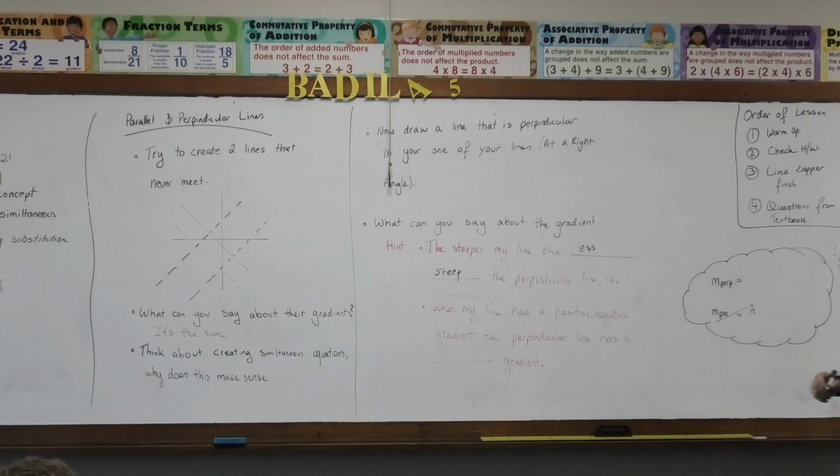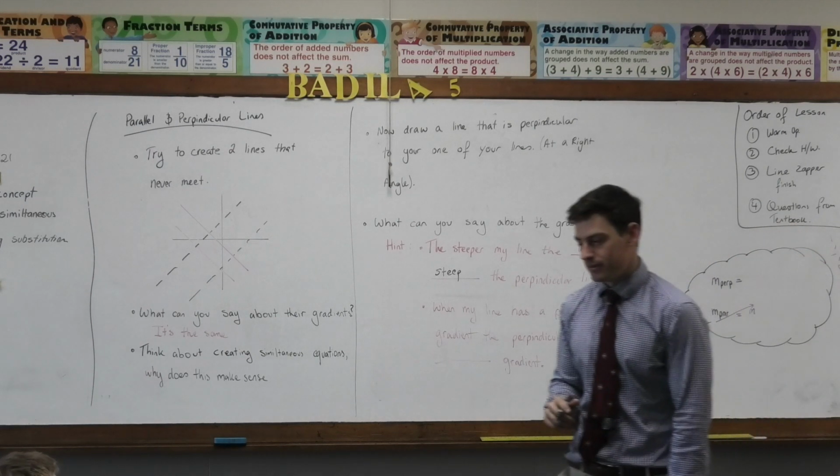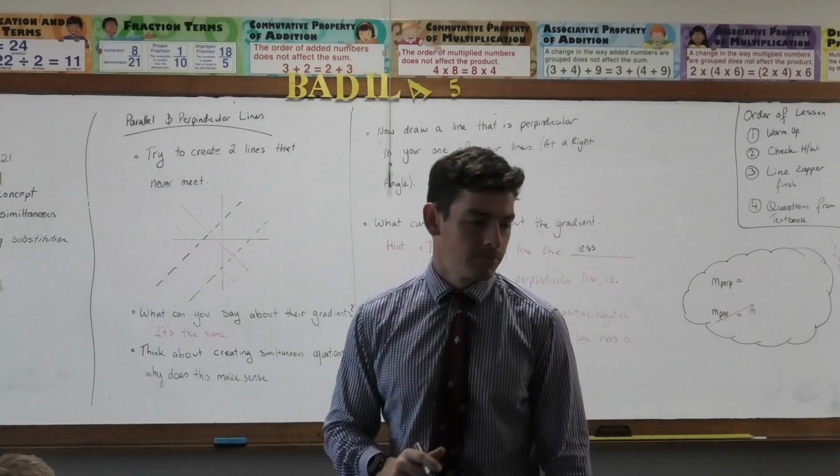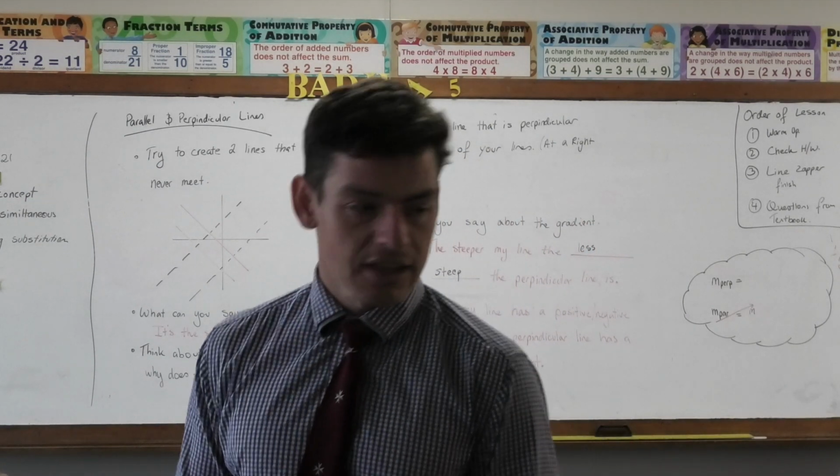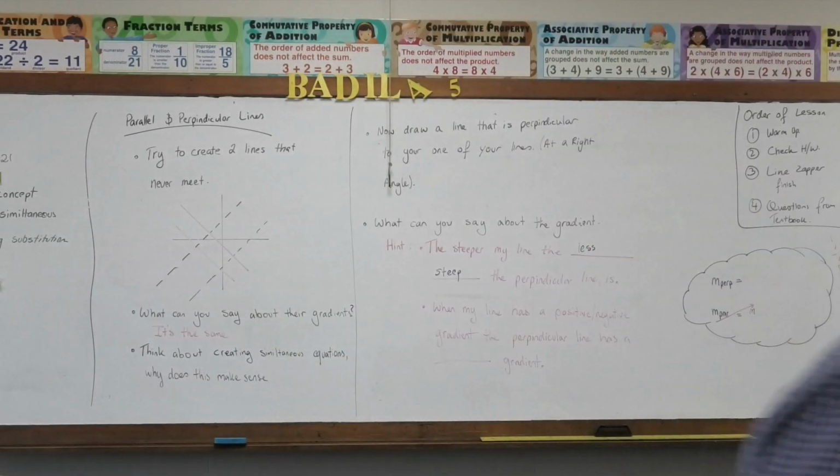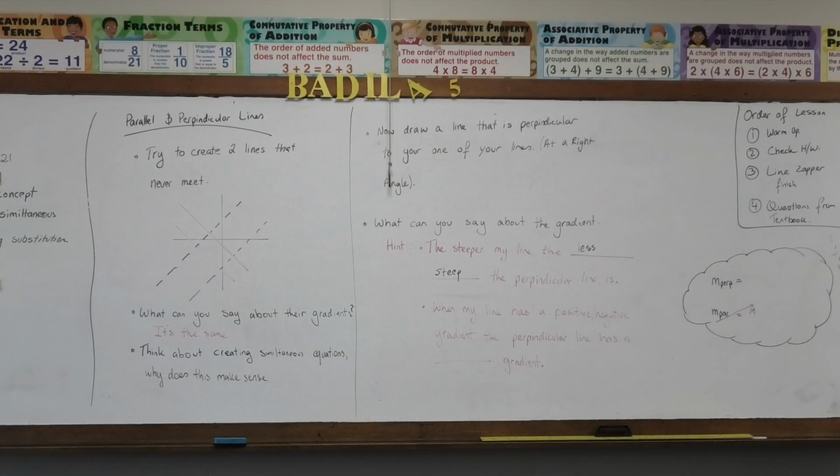I'll give you 10 seconds. Anyone who gets it gets a chocolate. Give me the equation for the perpendicular line. You can use 1, negative, m, and a line. Wouldn't it just be negative m?